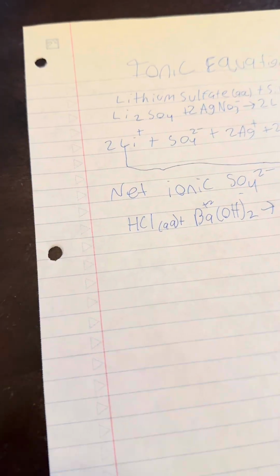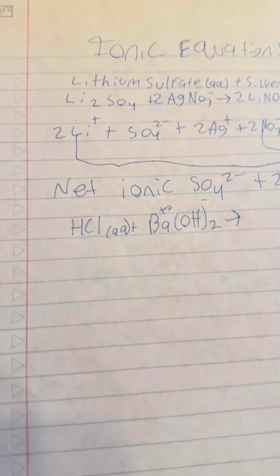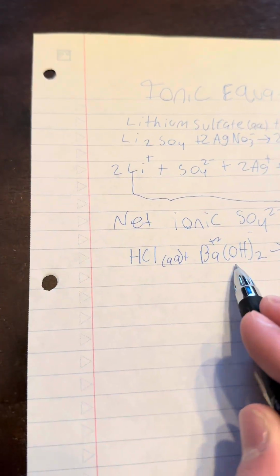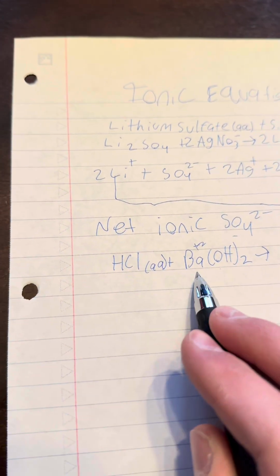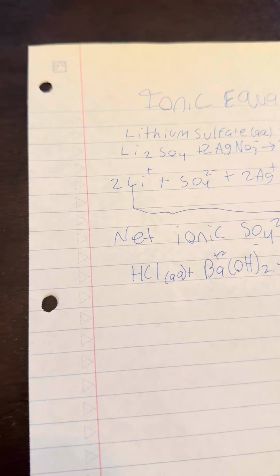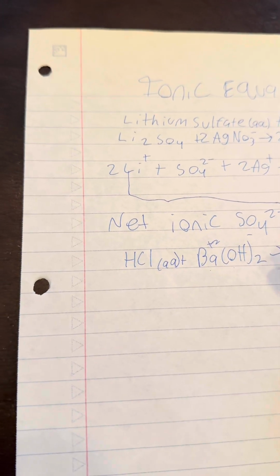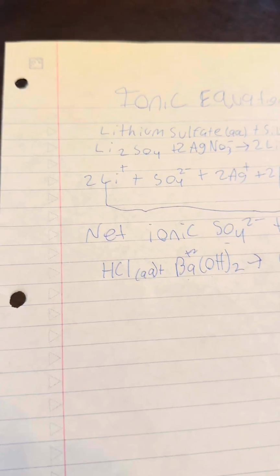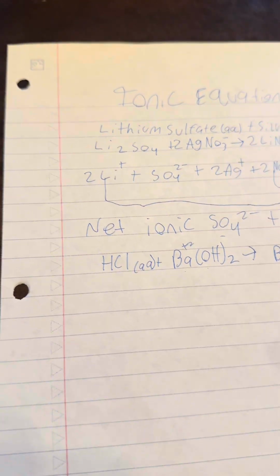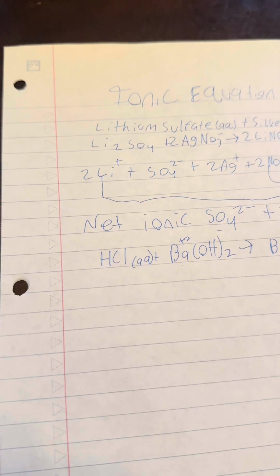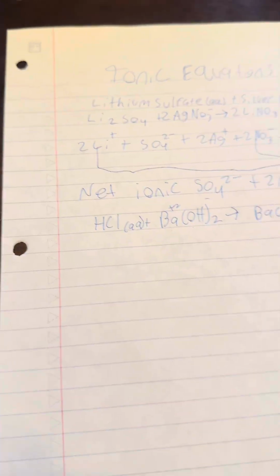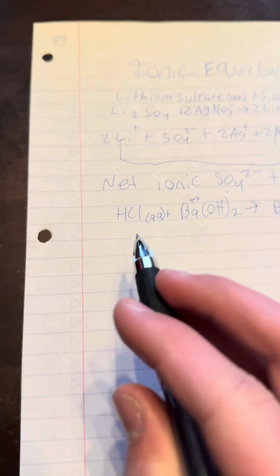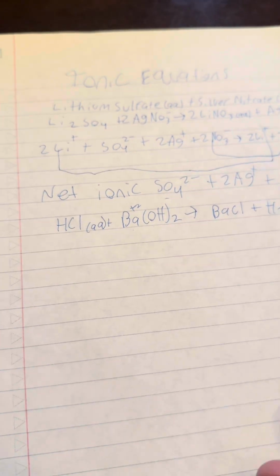And now we have to do double replacement on this. So A is going to go with D, and then C is going to go with B. So we're going to do that right now. HOH is just water. Now there's a problem with this. Barium is a 2+, and chlorine is a -1.